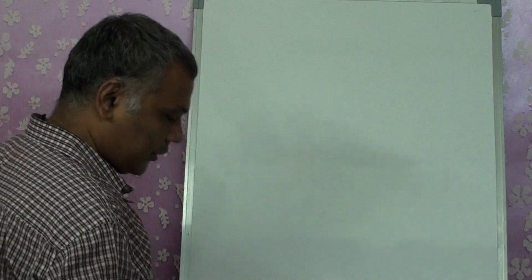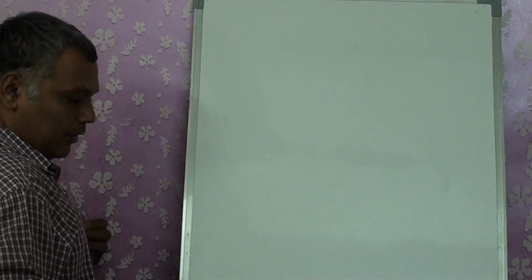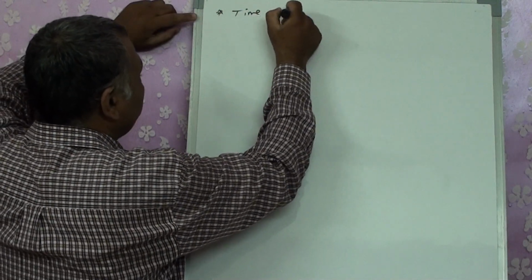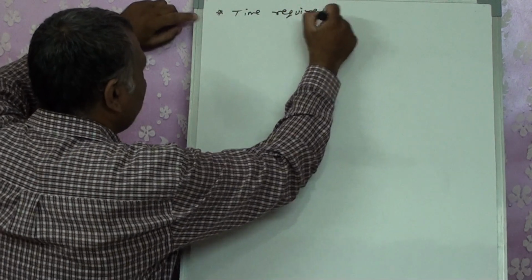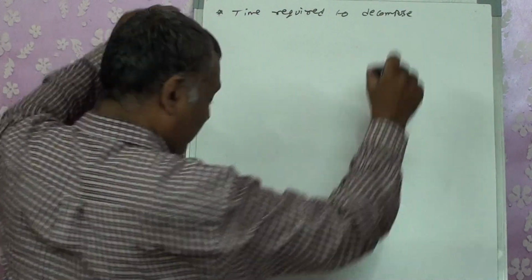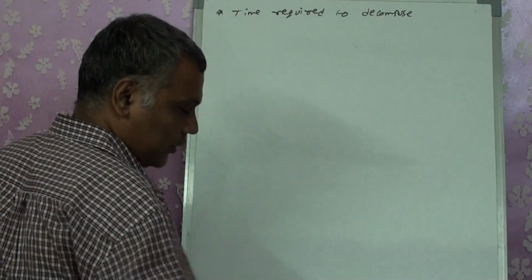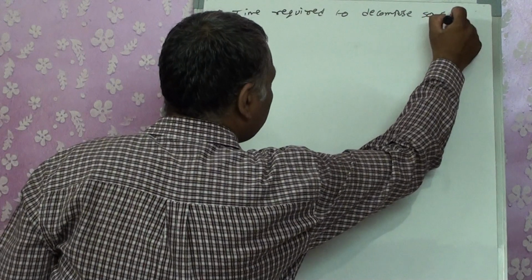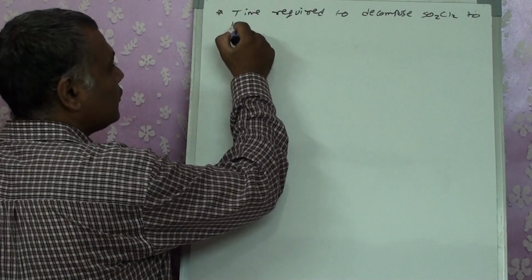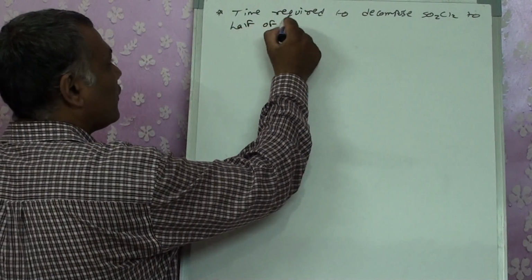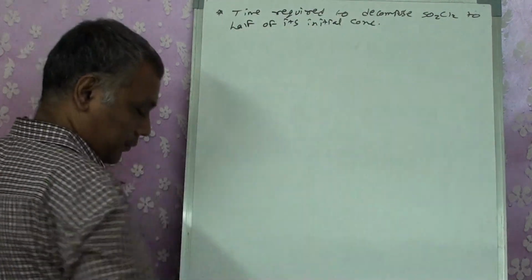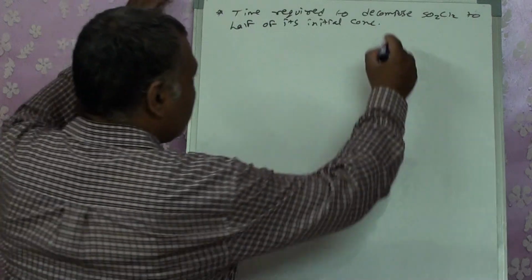This time the question given to us is: the time required to decompose SOCl2 to half of its initial concentration is 60 minutes.